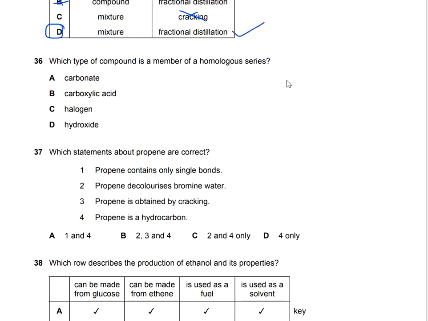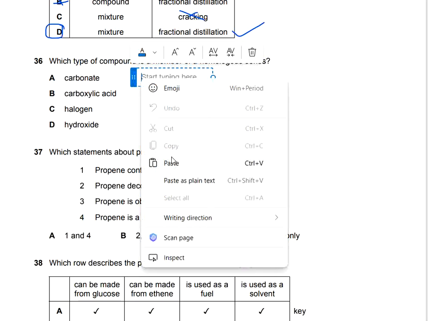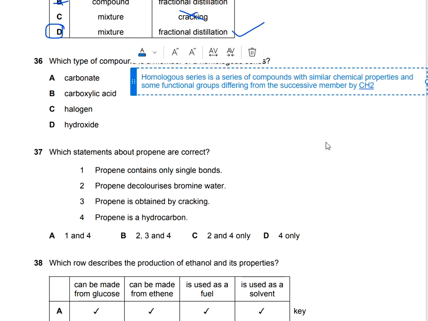Which type of compound is a member of a homologous series? Let's first determine what a homologous series is. A homologous series is a series of compounds with similar chemical properties and the same functional group, differing from the successive member by a carbon-hydrogen group.